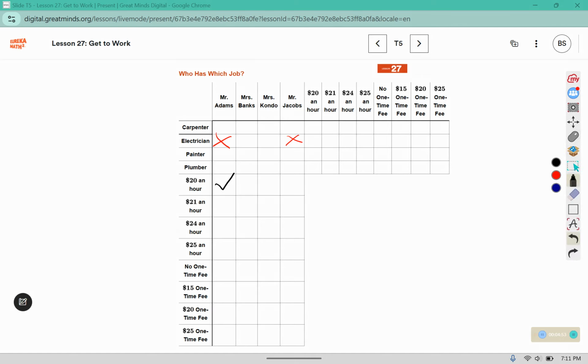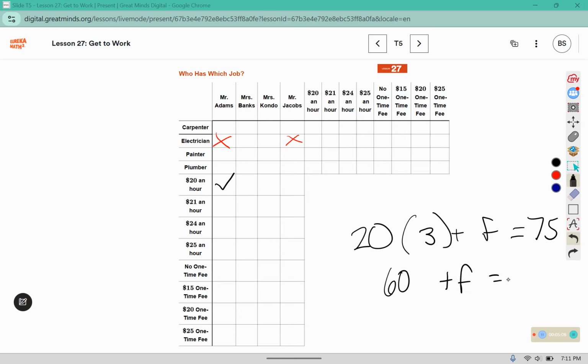Well, if he charges $20 an hour for 3 hours, that would be $60. Plus his fee gave him a total of $75 for the 3 hours. If we solve that for F, the fee, that would be $15. So Mr. Adams has a one-time fee of $15.